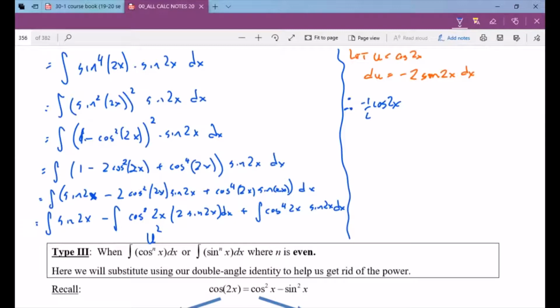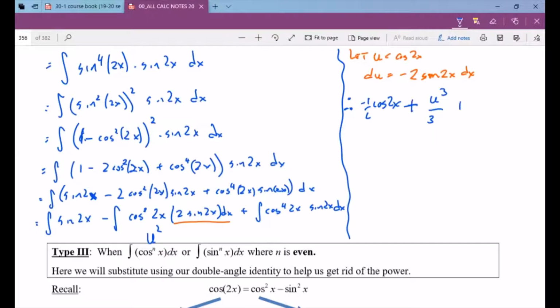And so I integrate that, and you get minus u cubed. We integrate that, we have to divide it by 3. But the negative 2 sine 2x dx, most of it's right there, except for the fact that it's negative. So we're going to change this to plus u cubed over 3.